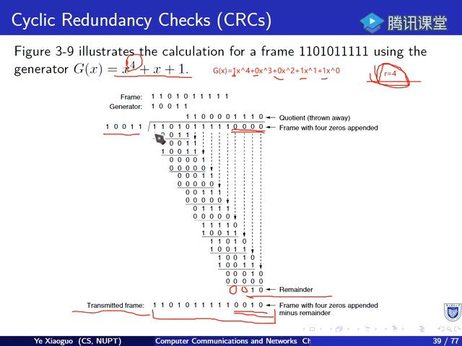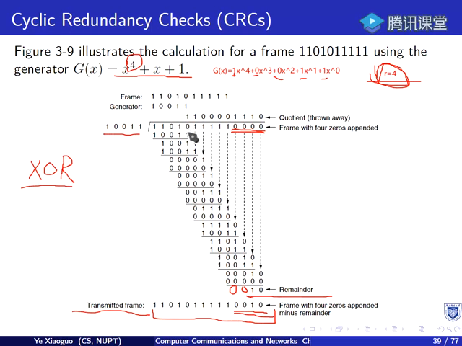So we write 10011, right? Then we use XOR calculation.